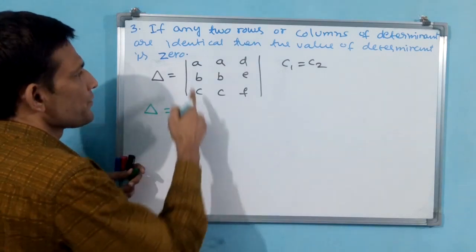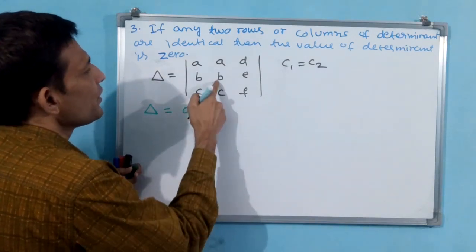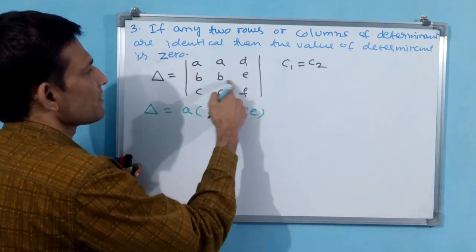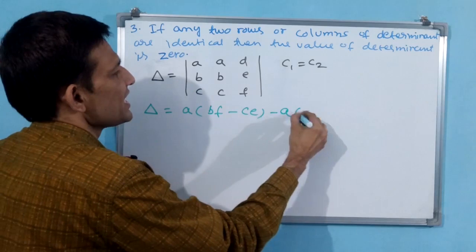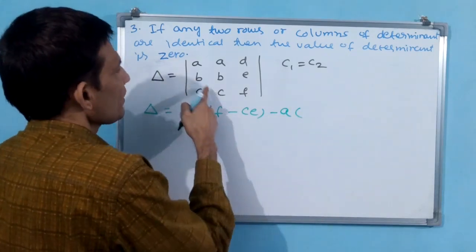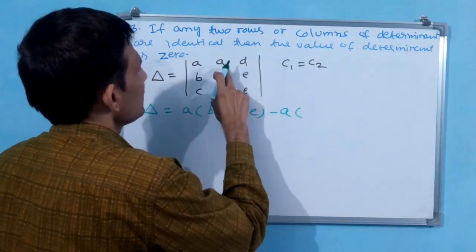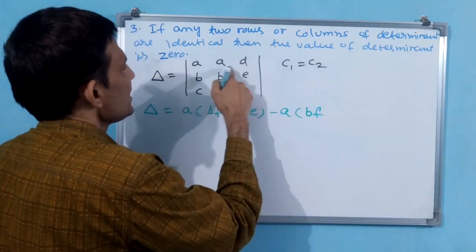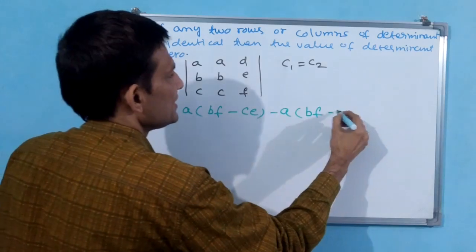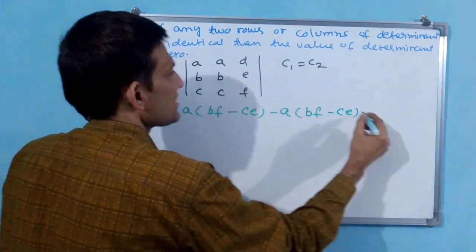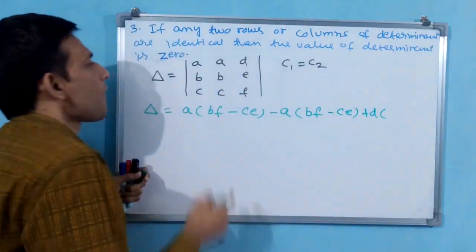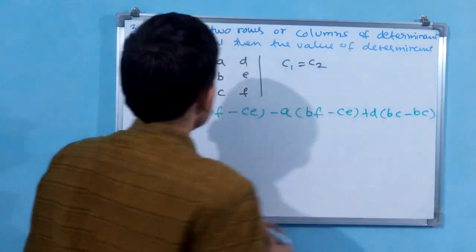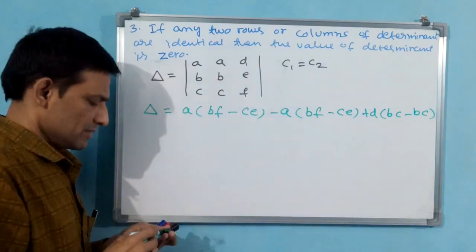Delta is equal to C plus A into BF minus C. Sorry, minus A into BF minus C, plus D into BC minus BC.